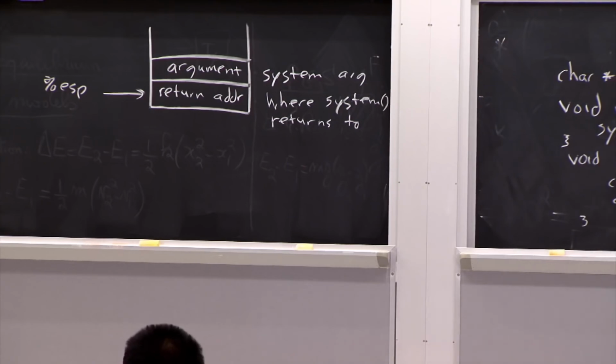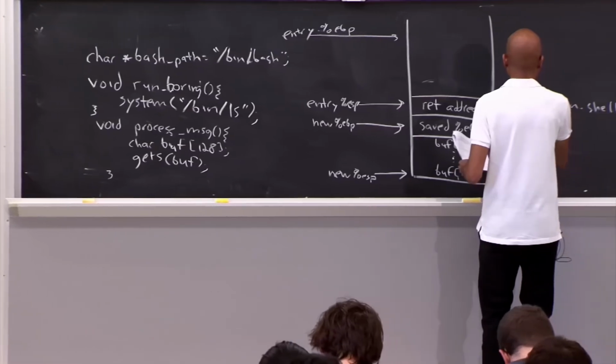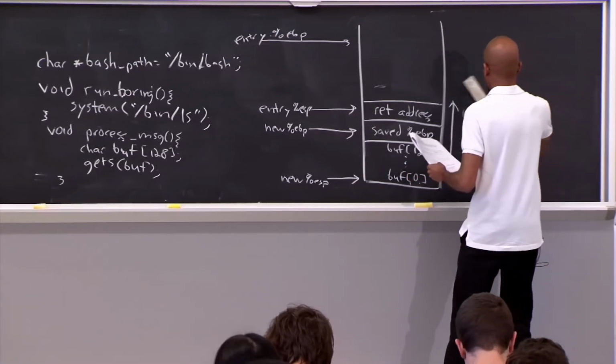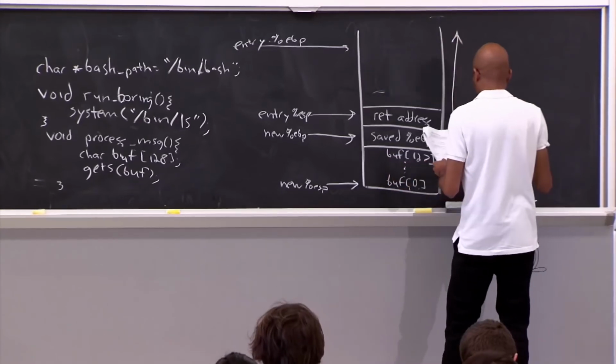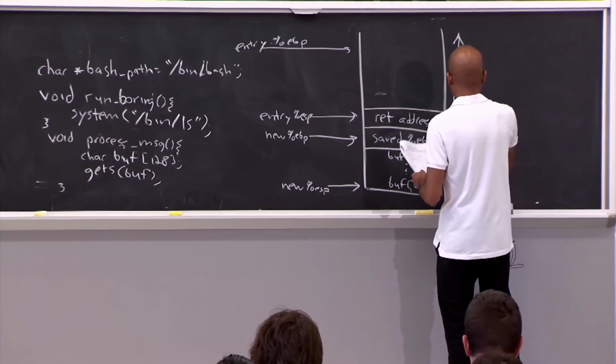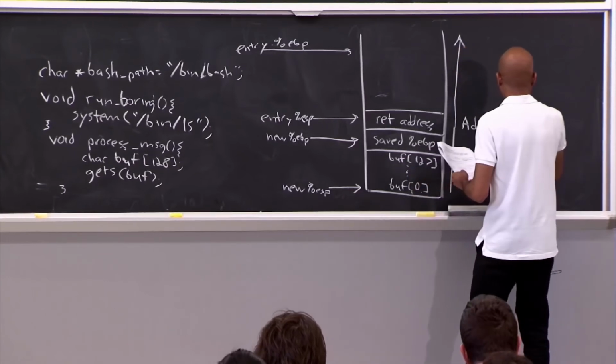So basically, the way this will work is we will do the following. Once again, remembering the overflow goes up here. First, we're going to put the address of system here.